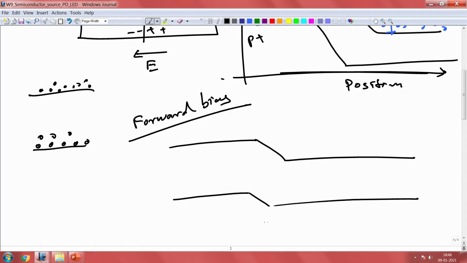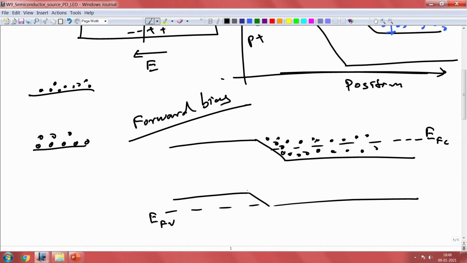So here we have the Fermi levels, this is our EFV and here EFC, and now the electrons are trying to flow through the system here and the holes are also here.